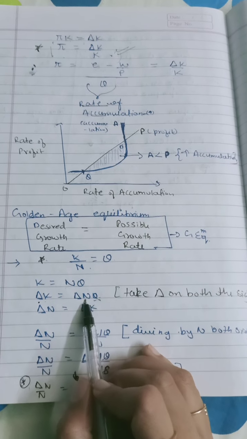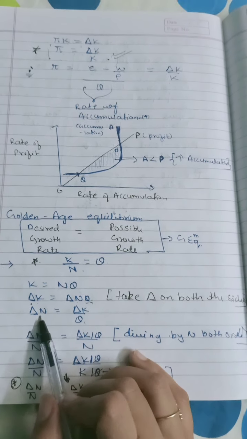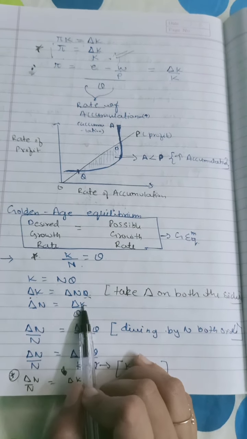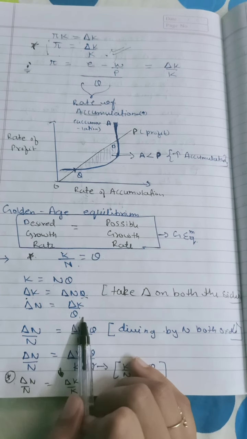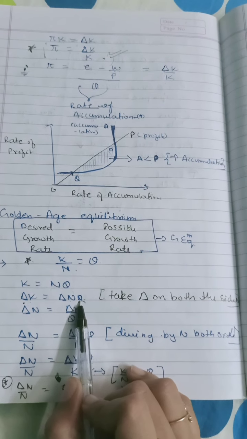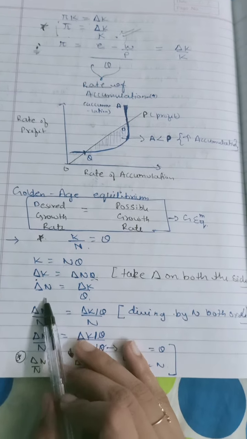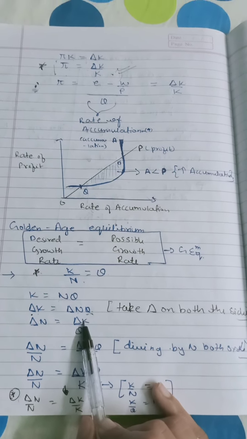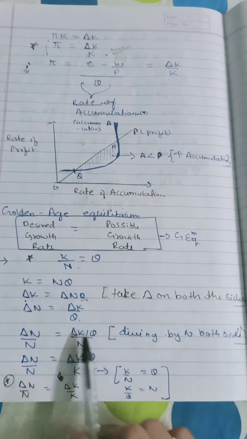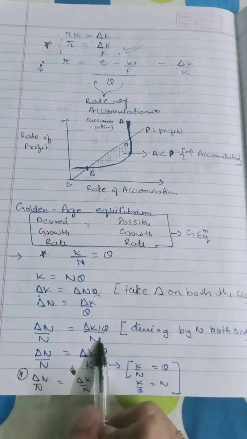If you take out the change in N, that is labor, the change in labor will be equal to change in K upon this constant.